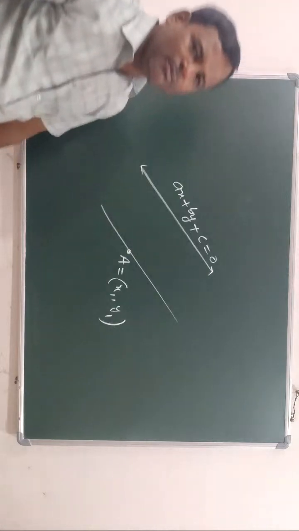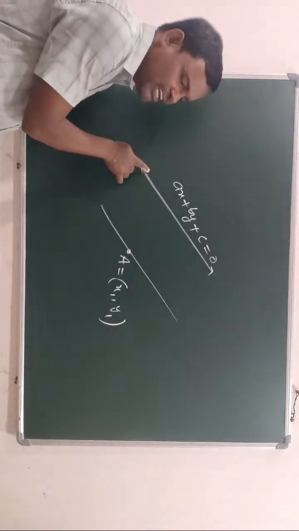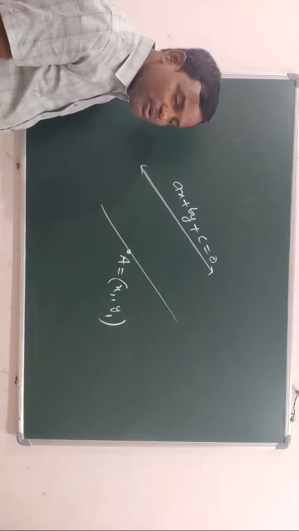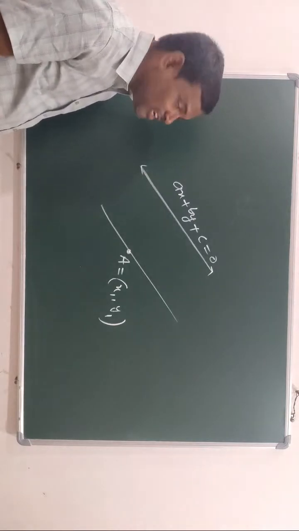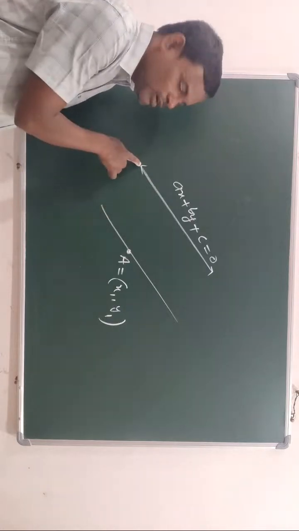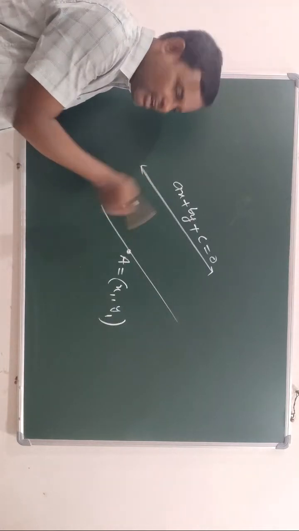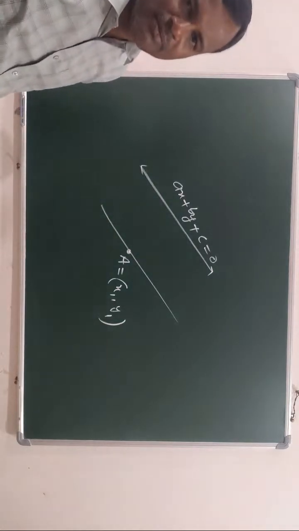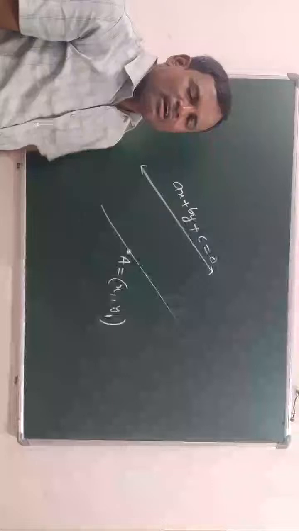How do you find it? Tell me. This is the given line equation. ax plus by plus c equal to 0. I am asking you to find equation of a line which is parallel to this. Both are parallel. And also our required line is passing through x1 comma y1.